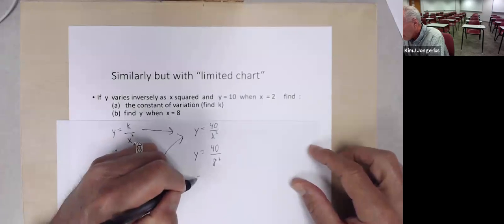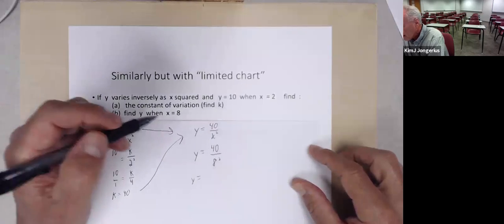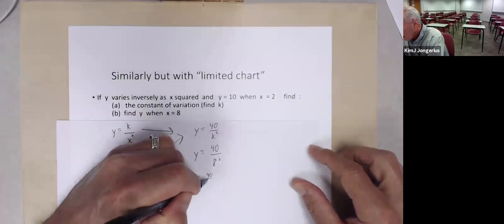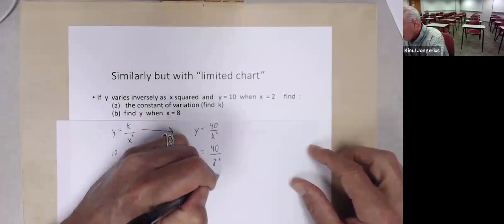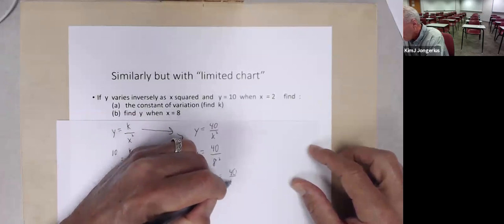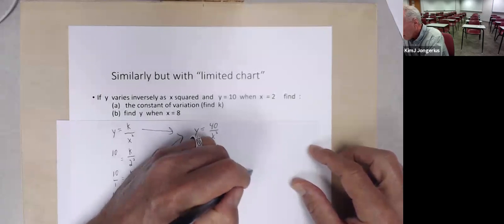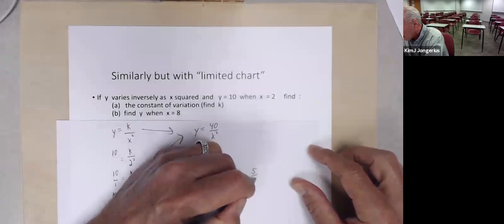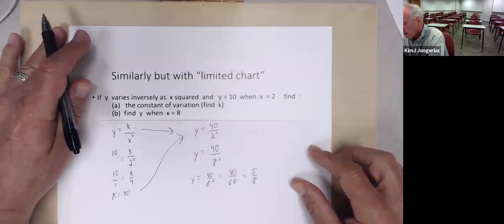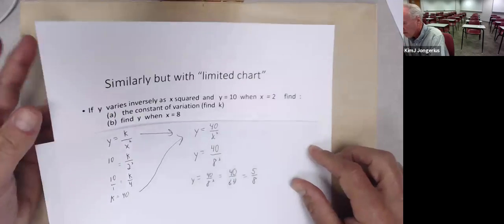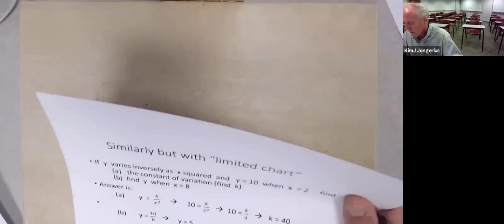So I'm going to end up with 40 over 8 squared, or 40 over 64. We could reduce that down to make it 10 over 16. I believe we could also reduce it down to 5/8. 5/8 being our final answer. Again, hopefully fairly straightforward.